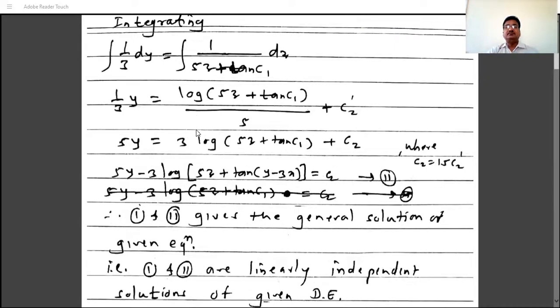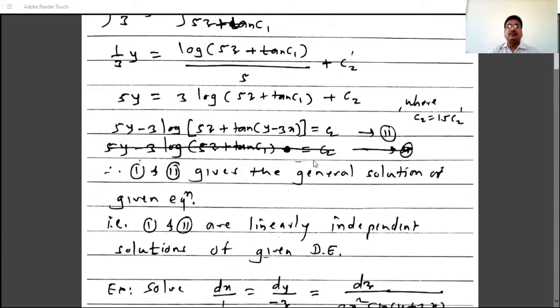Then multiply by 15: 3 fives are 15, so we get 5y = 3 log(5z + tan c1) + 15 c2 dash. Suppose 15 c2 dash is c2. Therefore 5y - 3 log(5z + tan c1), shifting this quantity to the LHS and substituting c1 as y - 3x, is equal to c2.